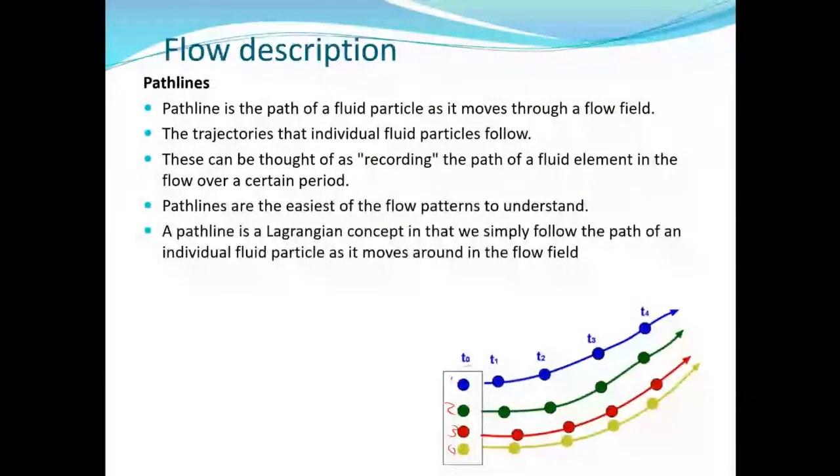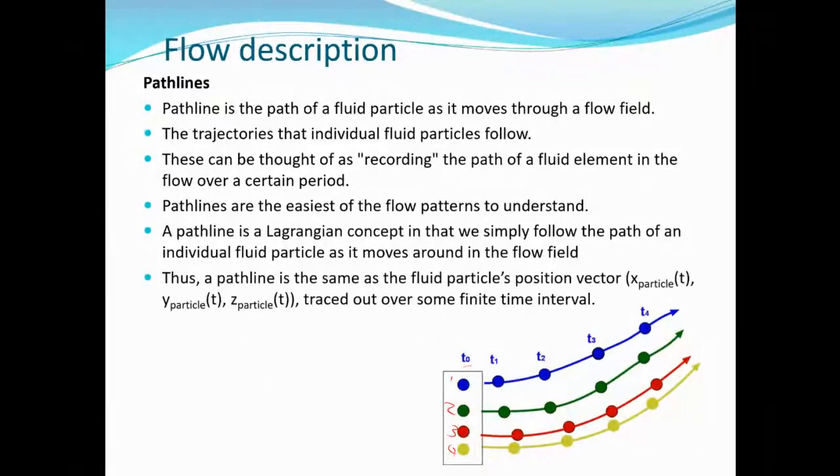This is T naught, the beginning of the time, T1, T2, T3, T4, and tracing their path. Thus, a path line is the same as the fluid particle's position vector. So it's simply the fluid particle's position vector, which is a function of time. X particle function of time and Y, Z all function of time, traced out over some time interval.